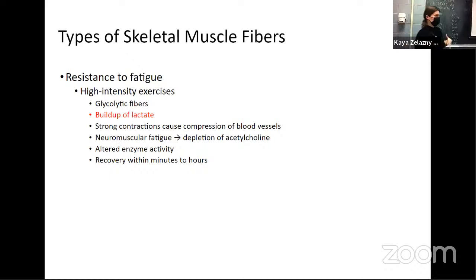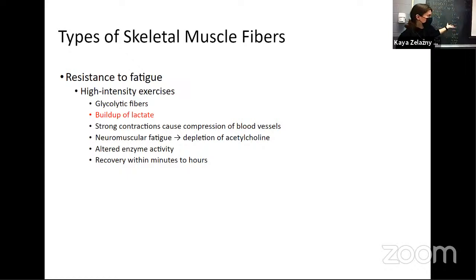Part of fatigue happening in high intensity exercises has to do with neuromuscular fatigue, which basically means we're kind of using up our acetylcholine, right? So our neurotransmitter, we're kind of running out of it. We do have altered enzyme activity as we're doing our high intensity exercises. So we are trying to do more and more glycolysis.